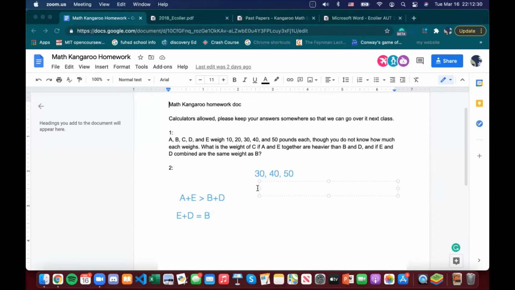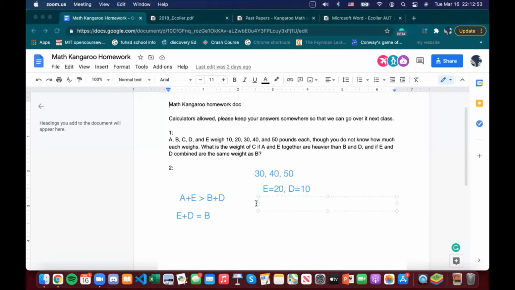If B is 30, then we have E also. Because E is on the larger side, we'd prefer E to be the larger one. So if you had A plus E is greater than B plus D, then E is equal to 20 because you want it to be larger. So D is equal to 10.